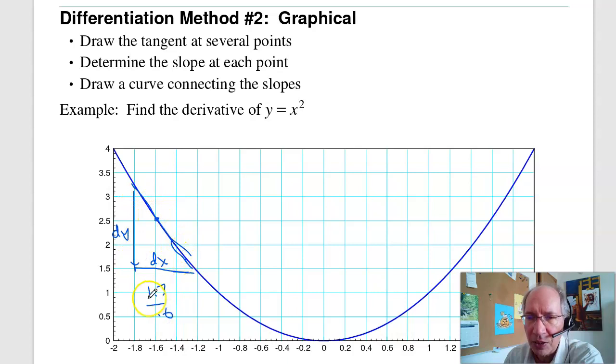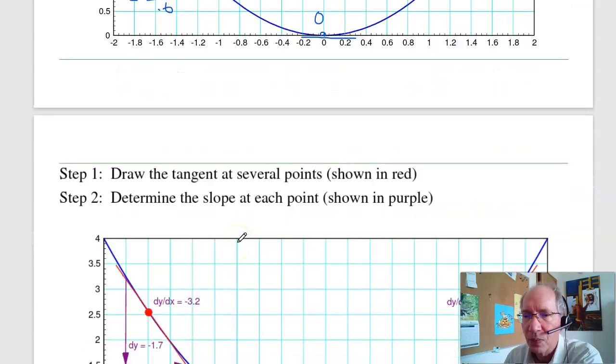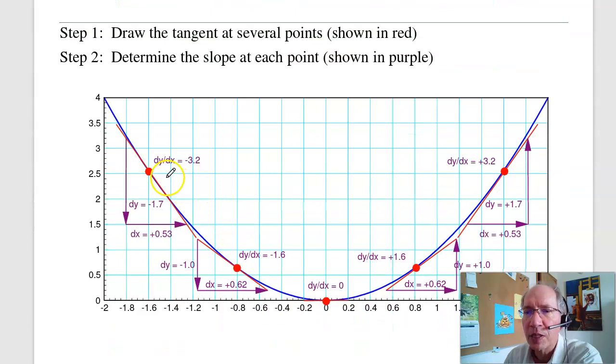As x increases, y gets smaller. At this point, the slope is 0. Over here, kind of by symmetry, the slope will be plus 1.7 over 0.6, and so on. So if I do that, let's do a couple points. I chose minus 1.6, minus 0.8, 0, 0.8, plus 1.6.